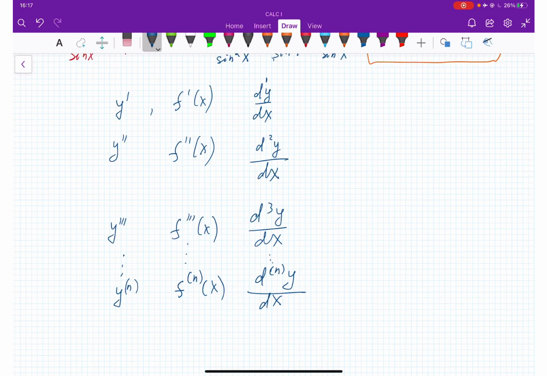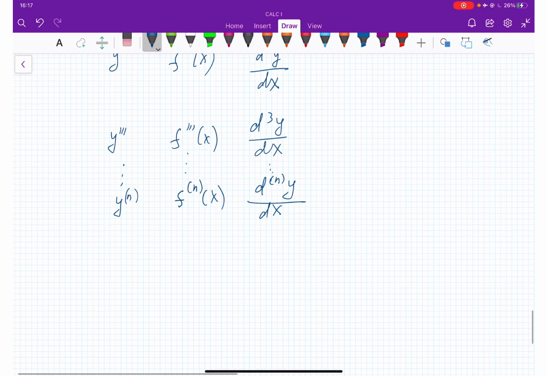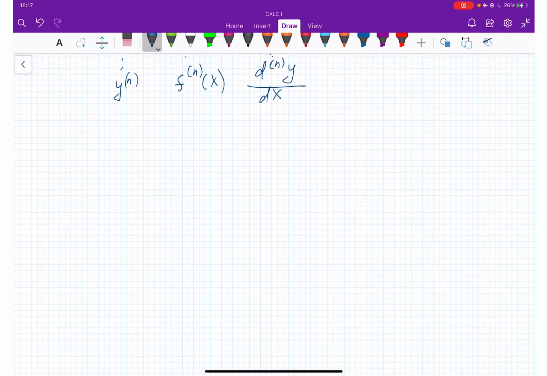So let's solve one problem, and that will be it. We have f of x equal to 4x to the 5 minus 2x cubed plus 5x squared.